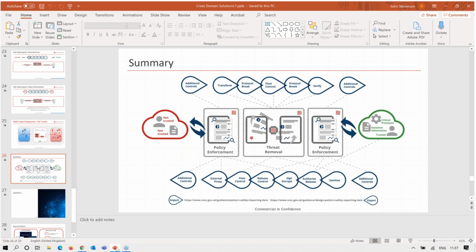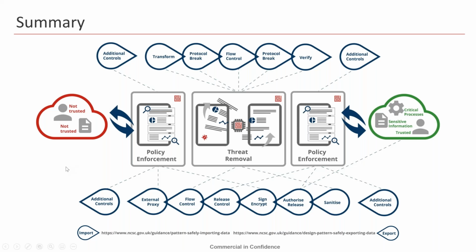So couple of really neat demos there, I think. Just to wrap things up then, of course, people have attempted to build cross-domain solutions in all kinds of ways over the years, and generally it is possible to try and build your own, but it tends to be very complex, time-consuming, costly to do so.